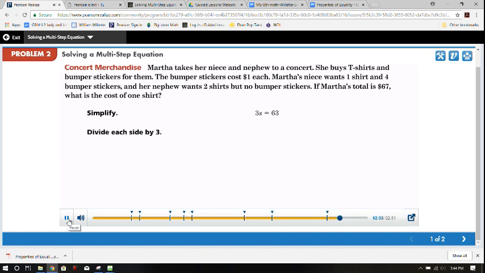Next, divide each side by 3. Then simplify. S equals 21, so one shirt costs $21.